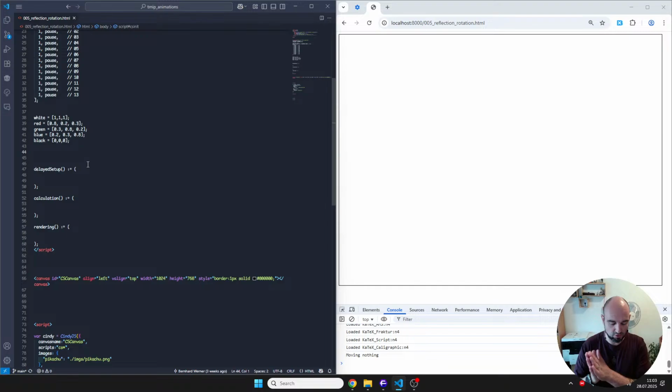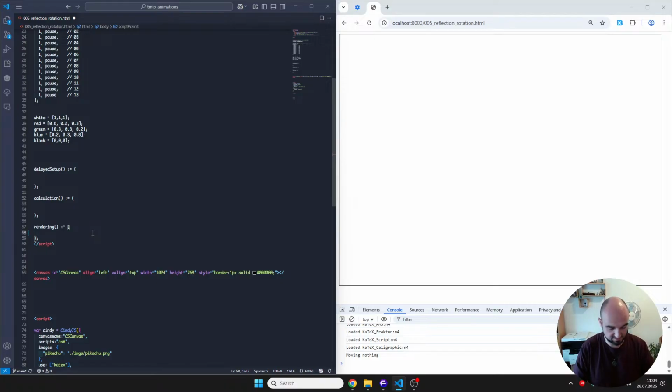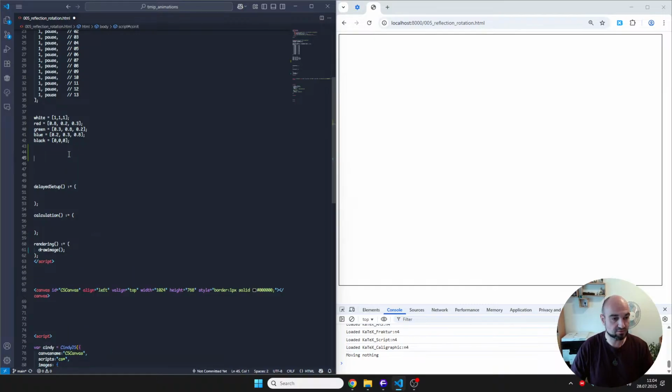If we want to draw images, we have to do reference points, and because of the mirroring, the reflection, we want to have two reference points. So let's go into the rendering part and let's say draw image, and maybe we have two reference points.